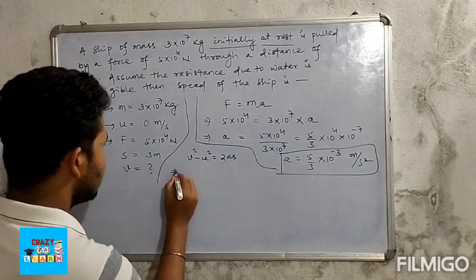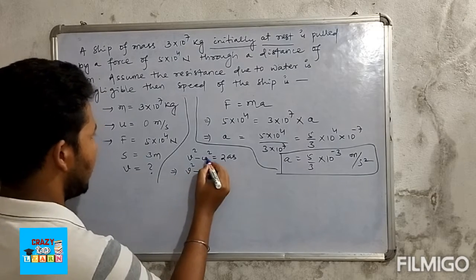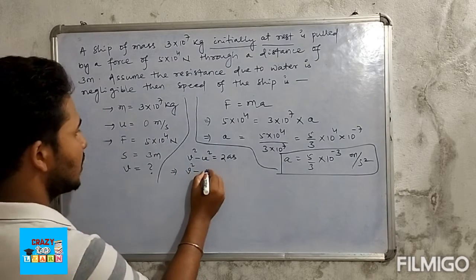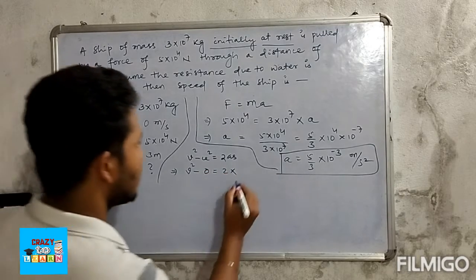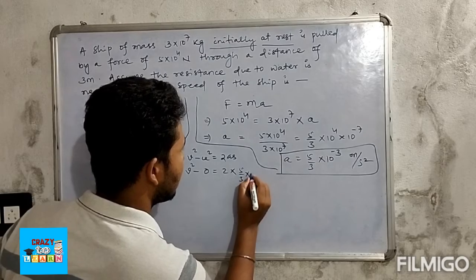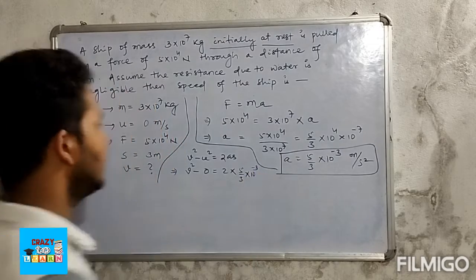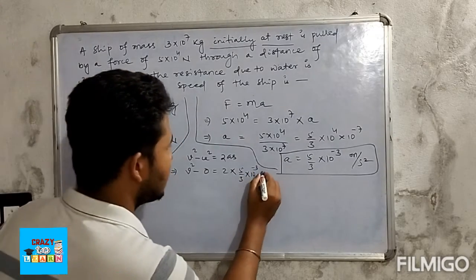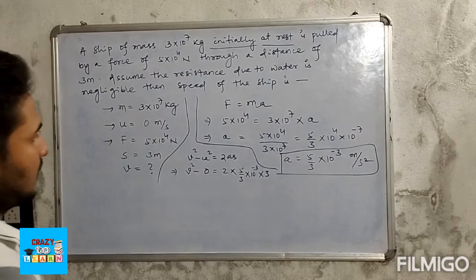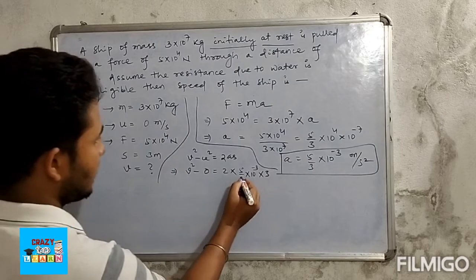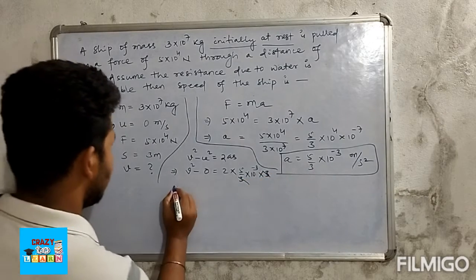So put the values, V square minus U square, U is 0, so U square is equal to 0. Your 2 into A, what is the acceleration? Acceleration is 5 by 3 into 10 to the power minus 3. What is the S? S is 3. Clear? Then 3 cancel.